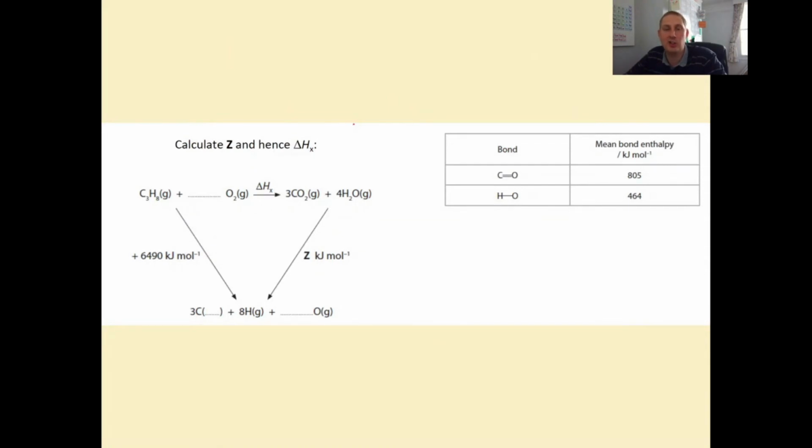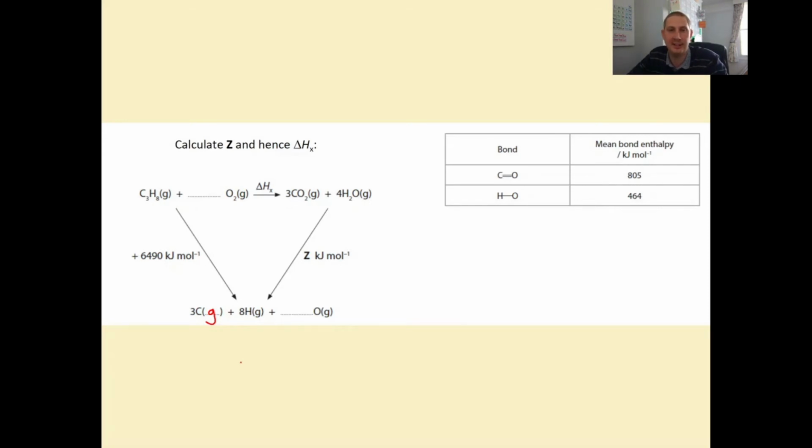This is an actual A-level question. So you're given some bond energies. You've got to complete the cycle, then calculate Z, and hence calculate the enthalpy change of the reaction. So firstly, when we are atomizing stuff, when we are using bond energies, we always form gases.